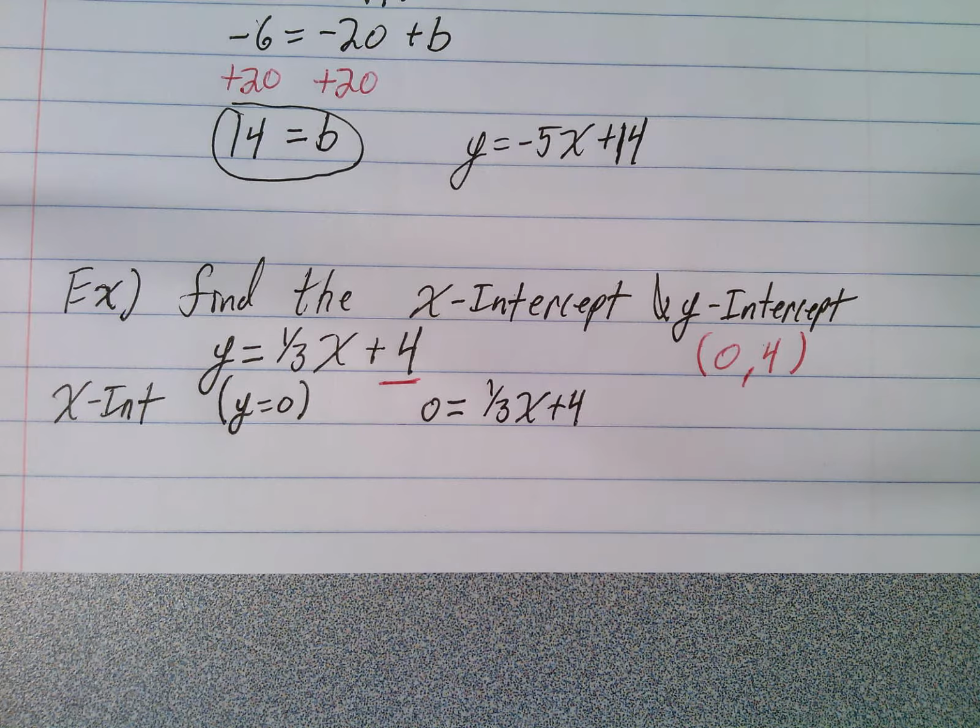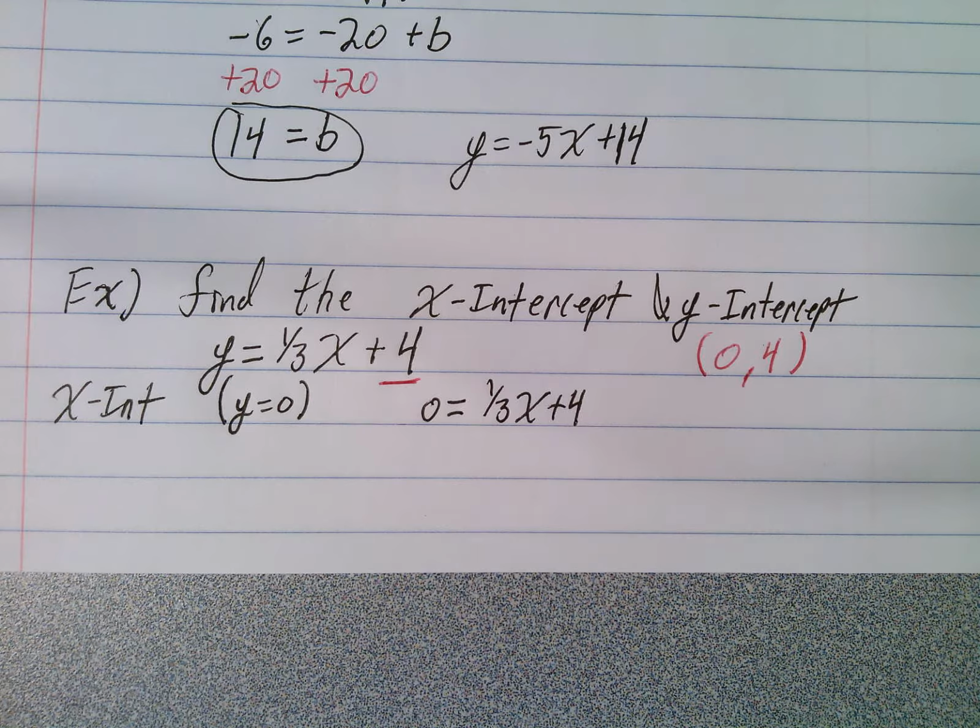Zero minus 4 is -4, and 1/3 x. How do I get rid of that 1/3? Okay, I could divide by what? By 1/3. I could divide by 1/3.